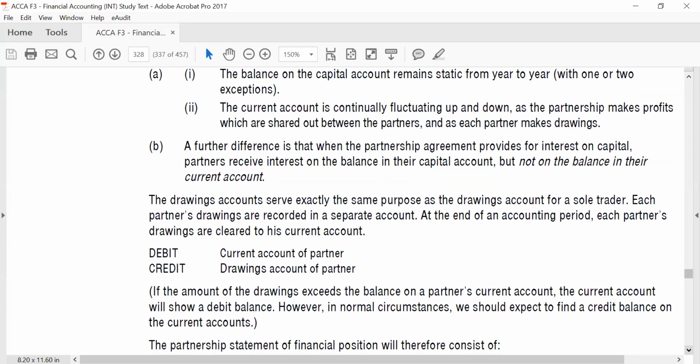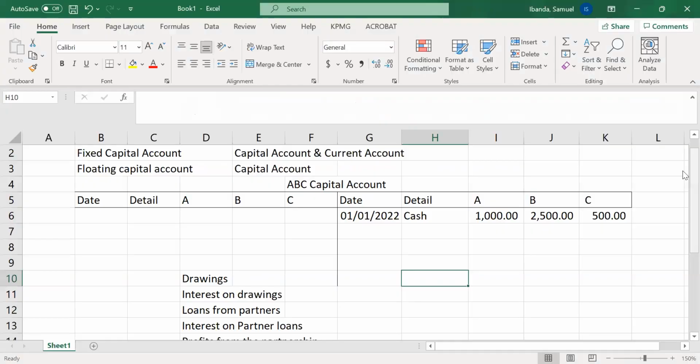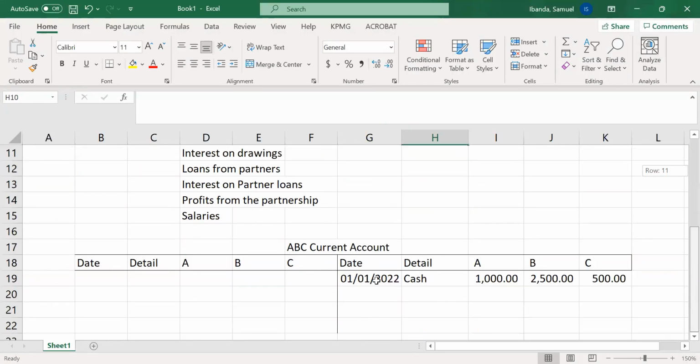Now, one of the things that I could just demonstrate here within our current account. They are telling us that the key importance of our current account is to record profits.